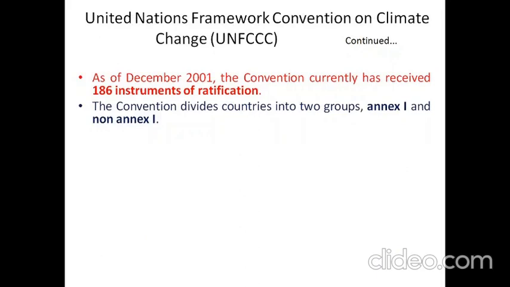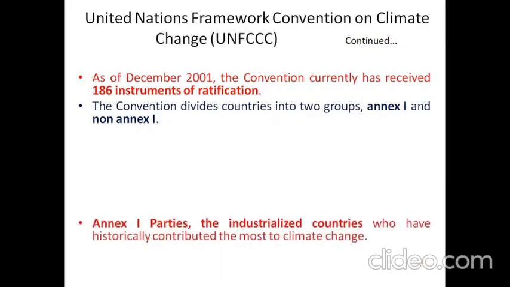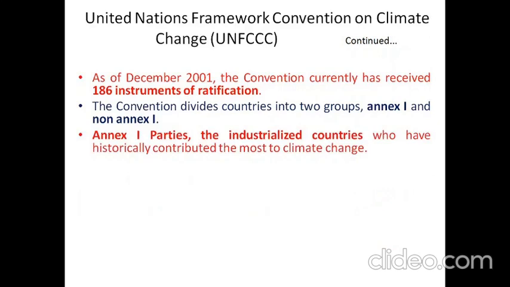The convention divides countries into two groups: Annex I and non-Annex I. Annex I parties are the industrialized countries who have historically contributed the most to climate change.